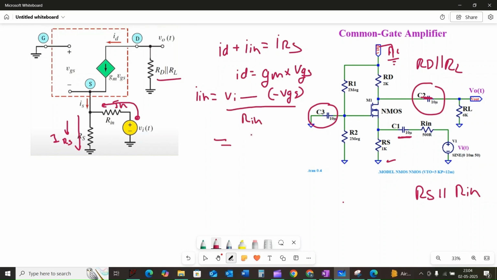So it is equal to (Vi plus VGS) divided by Rin, and the current across the resistor Rs, which is IRS, is equal to minus VGS by Rs due to this reverse polarity.